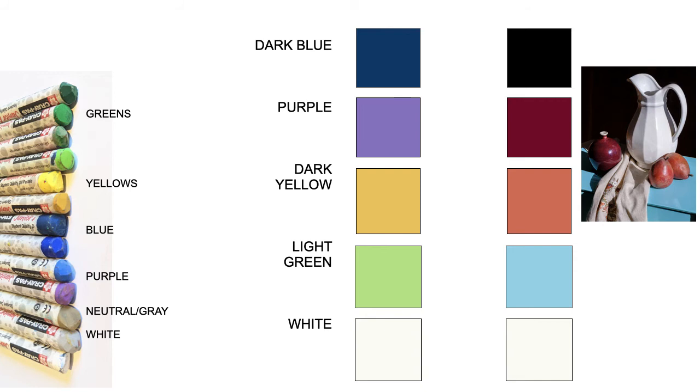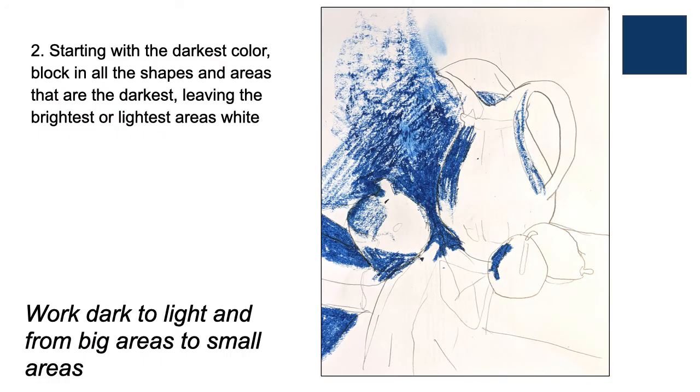Okay, so now we're going to begin blocking in color. Remember, we always want to work from dark to light and from big areas to small areas. So again, my darkest color was the blue, and you can choose any color that you like that is dark. And I'm going to start blocking in areas that I think are the darkest. No matter what color it is in real life, I'm just going to squint and try and see the biggest areas of shadow, right?